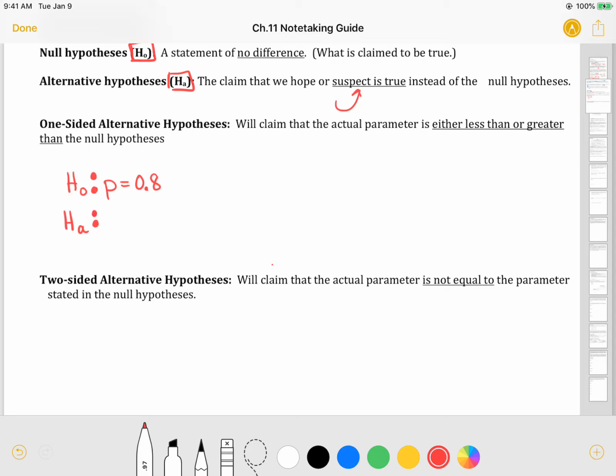What we suspect after seeing him shoot his free throws is that he is a free throw shooter who makes less than 80% of the free throws. So what we suspect is that p is less than 0.8.